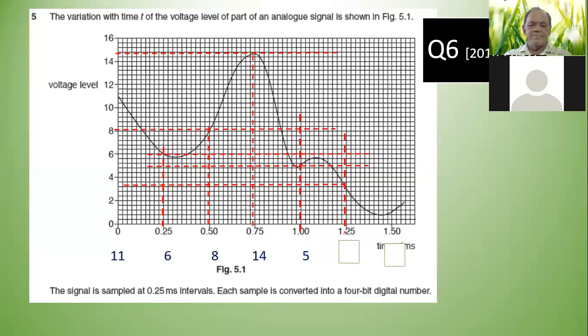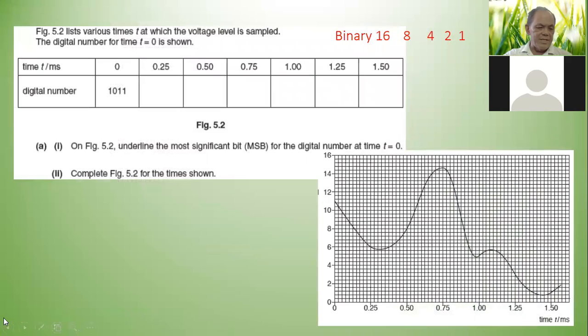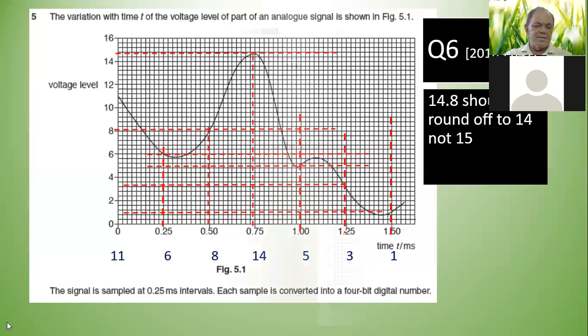It's about 3. And at 1.5, read that. It's about 1. So 14.8, as I say, we should read as 14, not 15, not like in maths. Electronics is different. The circuit will just read 14. It doesn't know how to read 14.8 unless you have more bits.